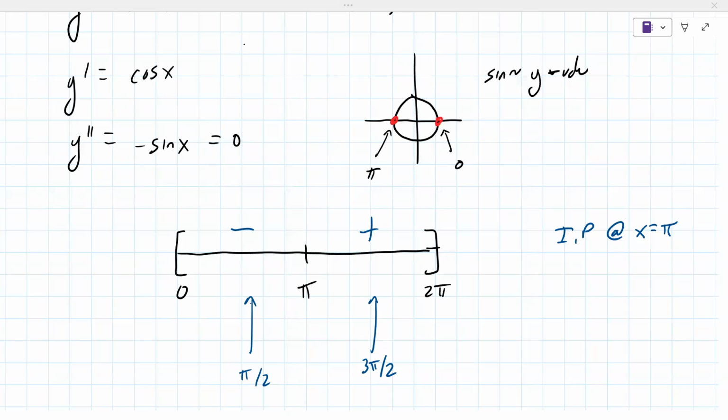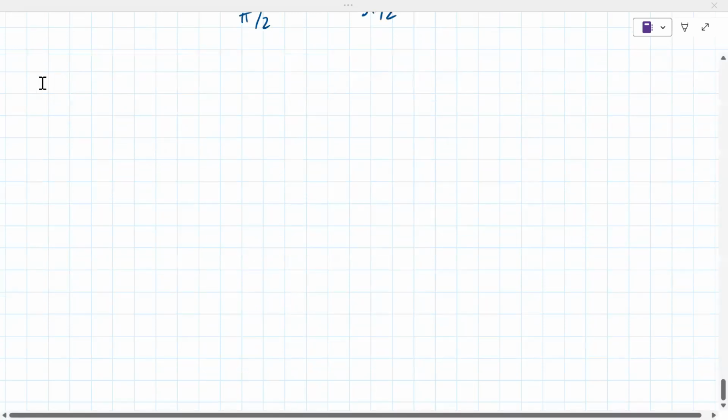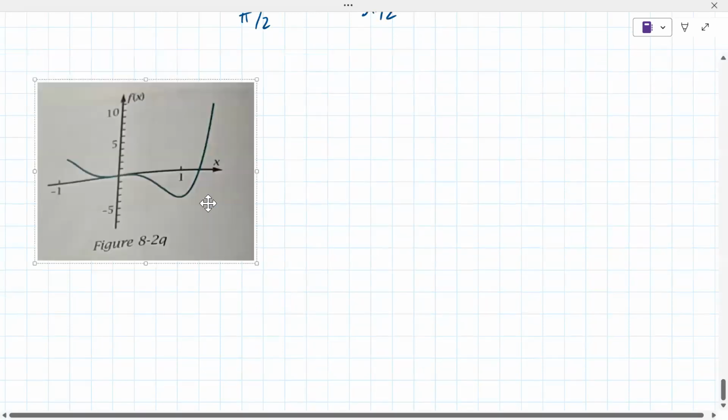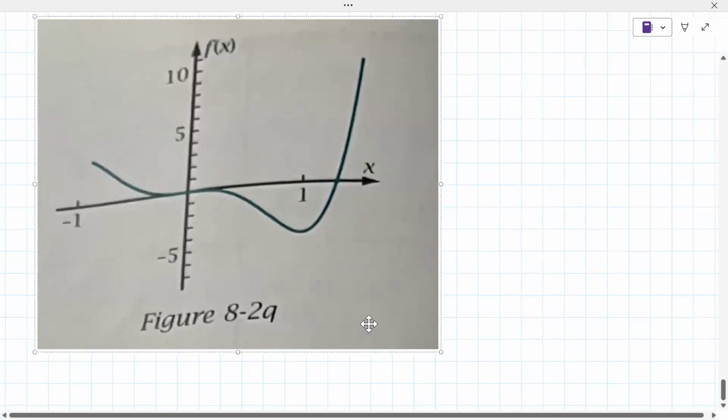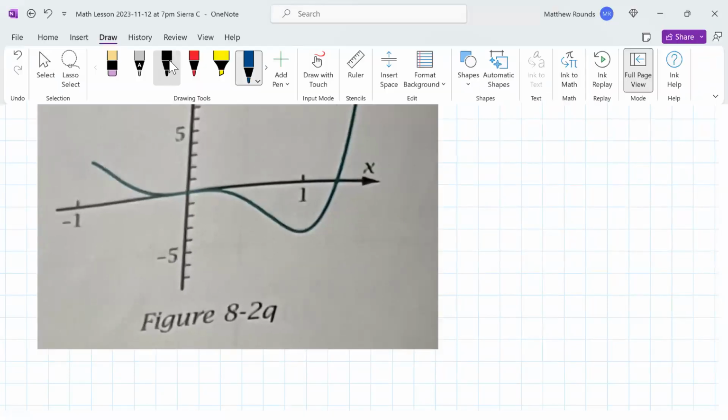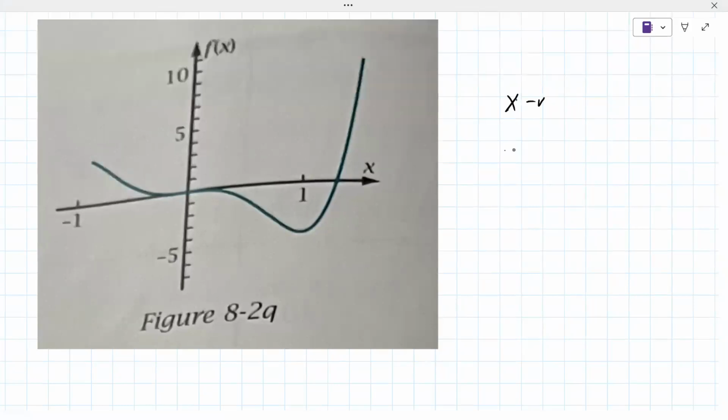Let's look at this picture top right here. It's figure 8-2Q. Give me the approximate or exact x values of any critical points. Um, x equals 1 and x equals 0 because it's a plateau. Okay. Any places where you believe there to be an inflection point?